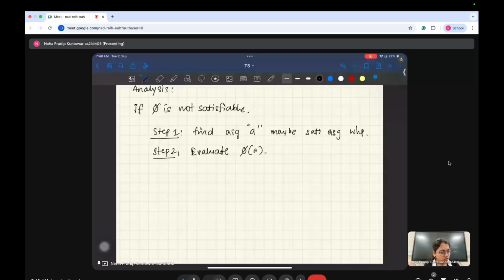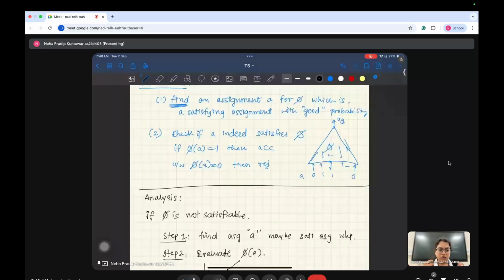I'll just show the algorithm once. We found an assignment which is satisfiable with a good enough probability, and then we checked whether it is actually satisfying. We didn't rely on the fact that it might be satisfiable, we actually tested it. Because phi is not satisfiable, no matter what this A is, phi of A is always 0, so we are always going to reject.